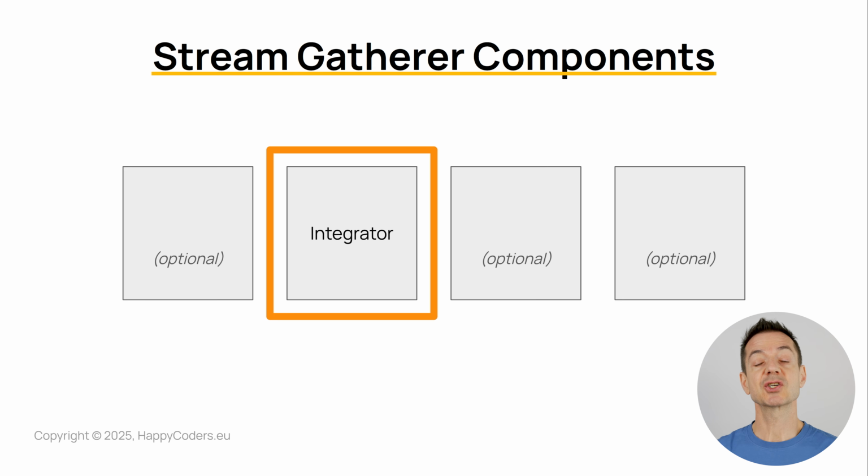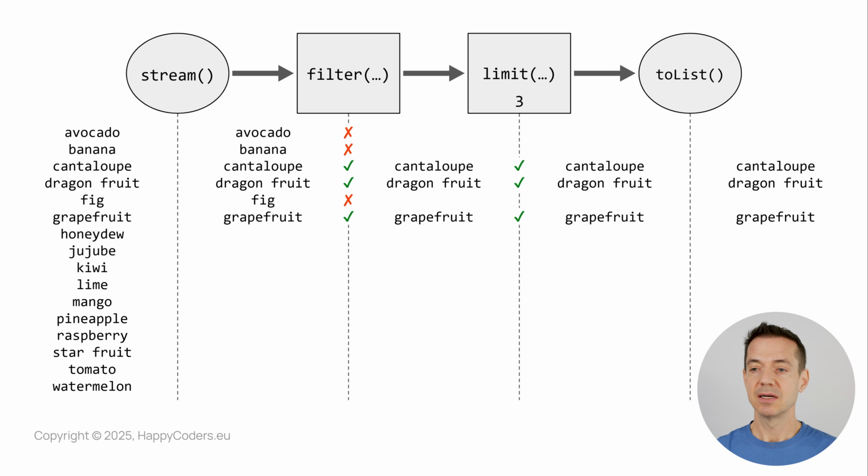In the next demo, I'll show you how to create the limit operation that was part of this animation, and it had a counter here to terminate the stream early once the desired number of elements was reached. And it's exactly for this counter that we need the state variable. The one I've been skipping over in the code so far, because the map and filter operations don't need any state. But now for the limit operation, we do.